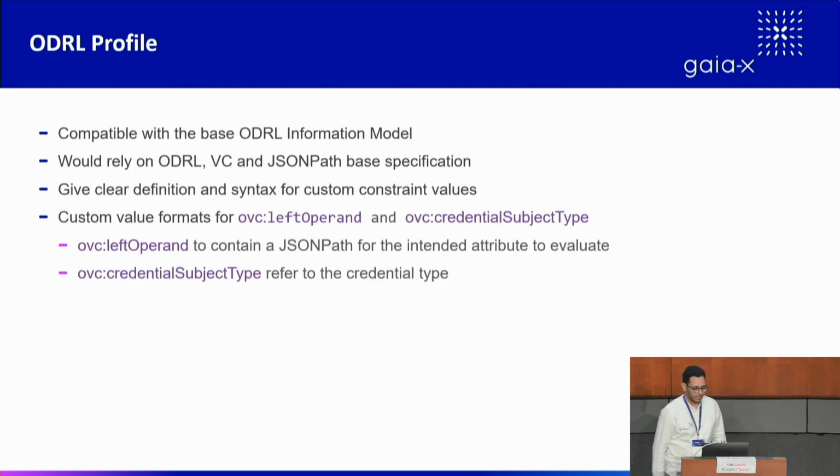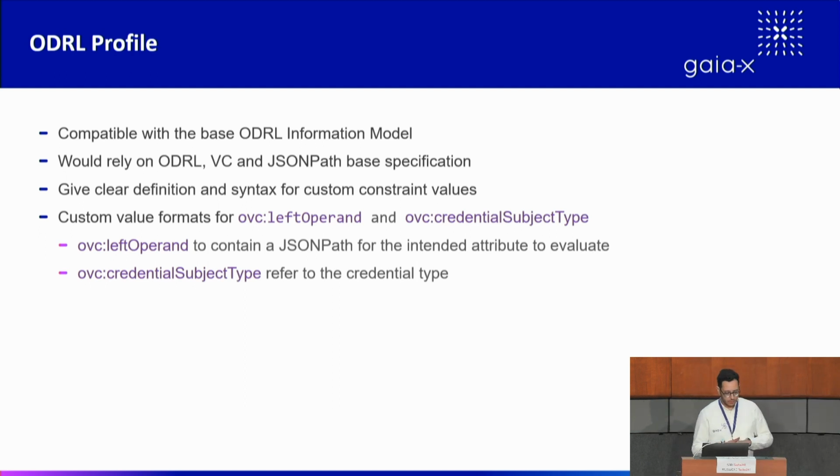And let's go to the next thing, which is the ODRL profile. The ODRL profile is obviously compatible with the base ODRL information model. It would rely on the ODRL specification, the verifiable credential specification, and JSON path. So it would definitely rely on the specifications without any redefinitions. The aim is to give a clear definition and syntax to be able to express custom constraint values and refer to verifiable credentials.